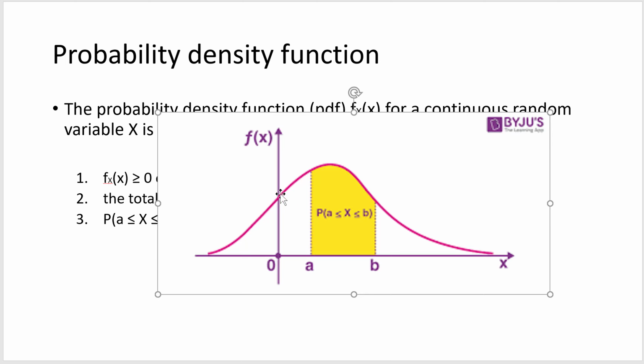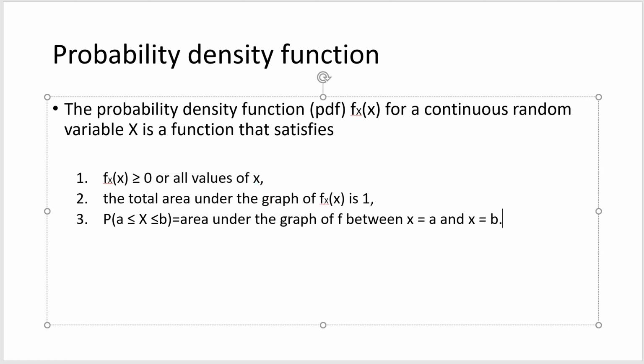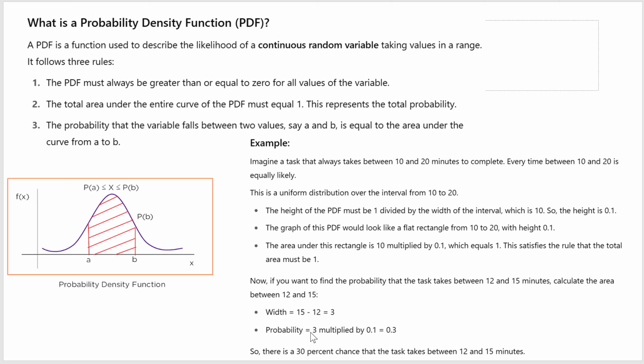So the probability that the value of x will fall between a and b is 40%, and you have to integrate to get this area. So the probability that x will fall between a and b is the area under the curve between x equals a and x equals b. So what really is it? This function is used to describe the likelihood of a continuous random variable taking values in a given range.